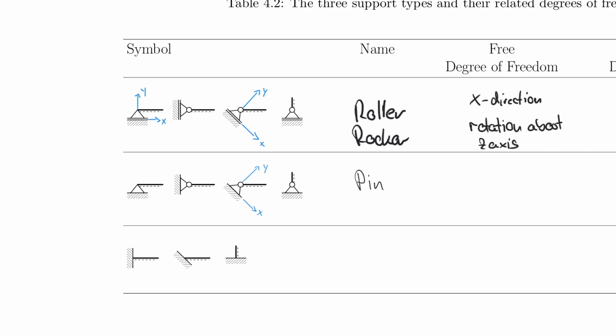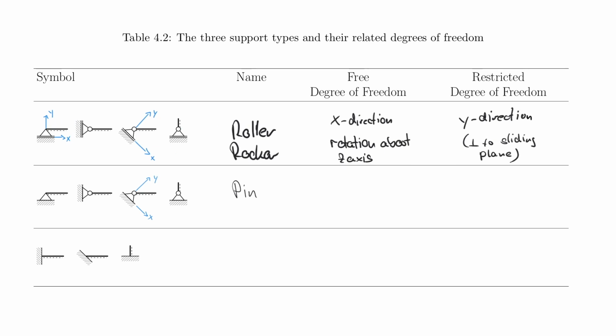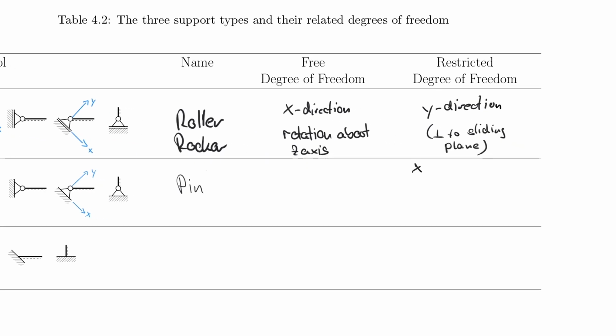And then I can write that I have restricted degrees of freedom, for example, in the x direction and in the y direction. And so what engineers are usually after is the parallel and perpendicular component to the support surface, right? So that is what we want to know.